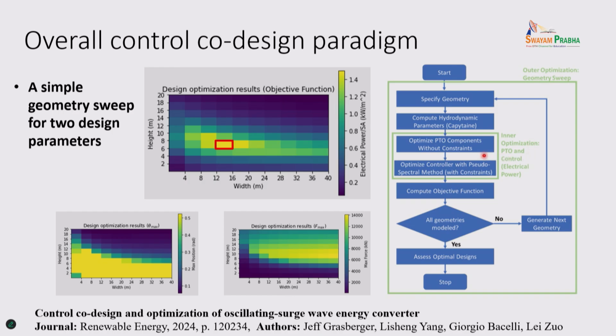In the outside loop we consider the x dimension and y dimension. Each outside case is more like a separate case study, and this complicated two-loop system maximizes the power output while reducing the load on the flap, the pressure per area. The details are in this paper.